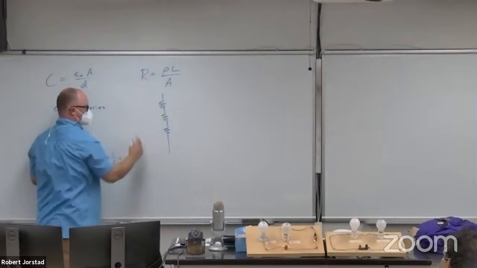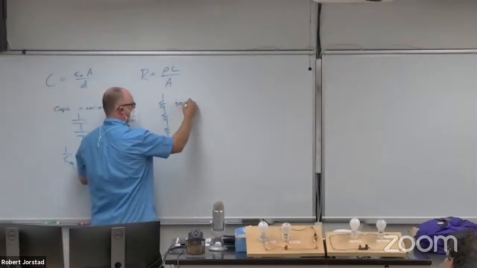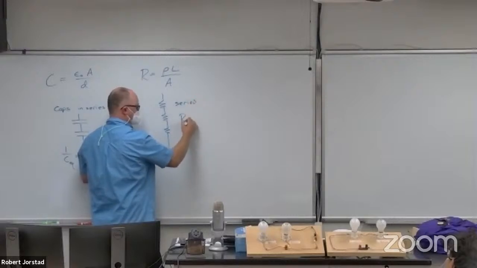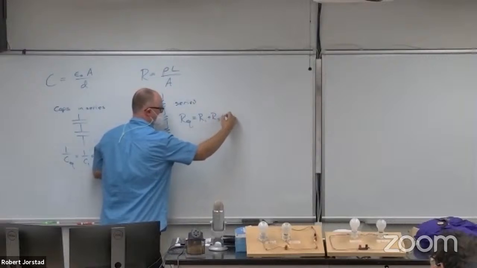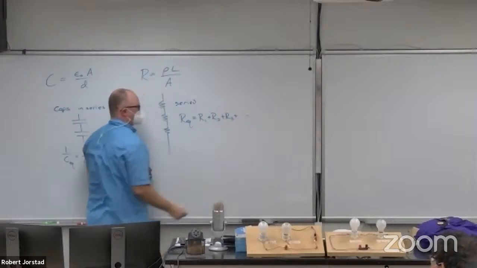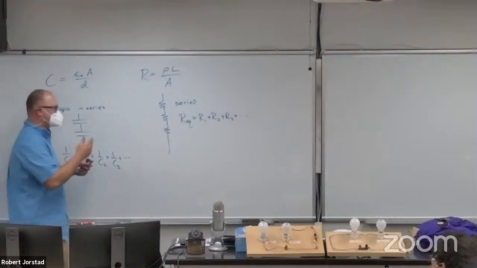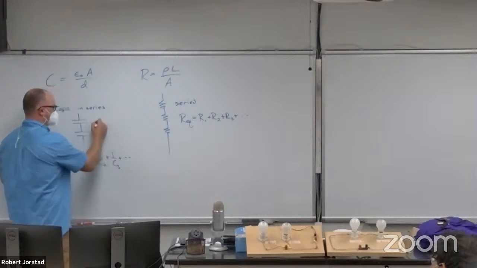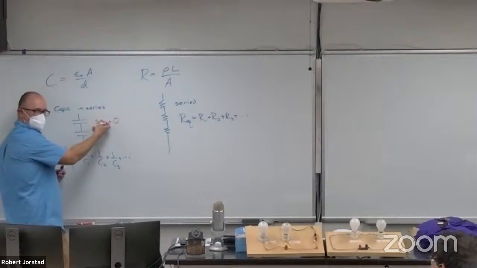That's in the numerator. That's why in series we use R_eq is R1 plus R2 plus R3, etc. So this is why the series and parallel rules change. What doesn't change? In series, things have the same Q. Well, if I take the derivative of that, I get current. So what?